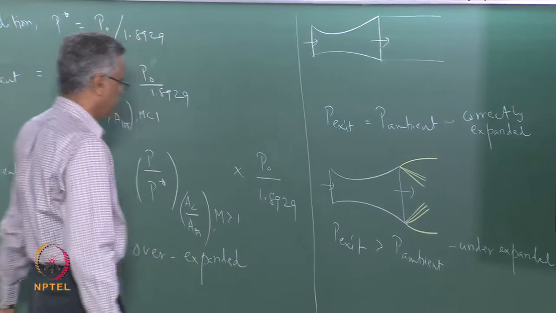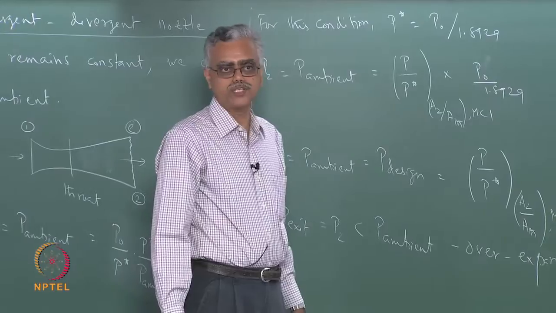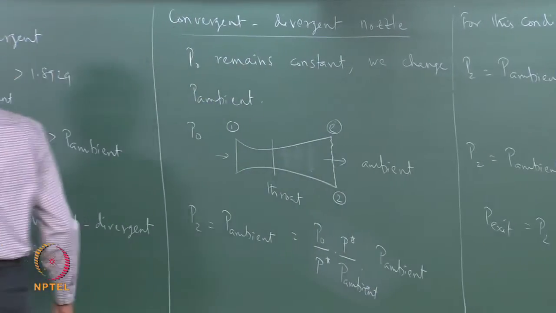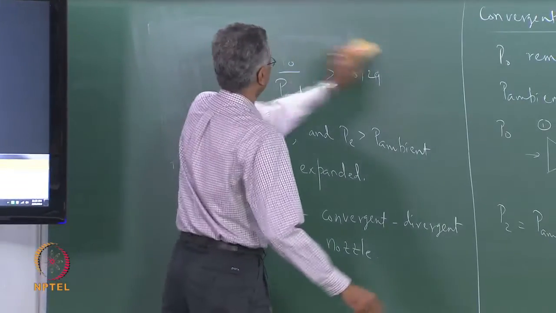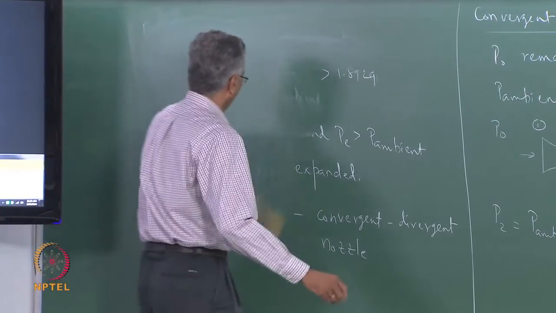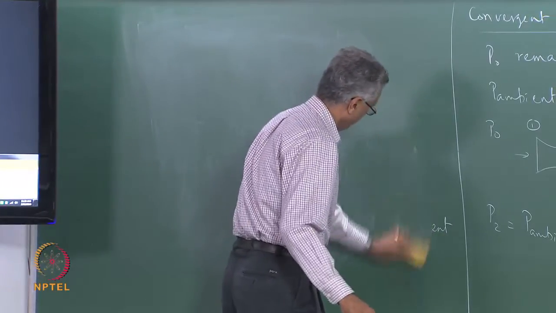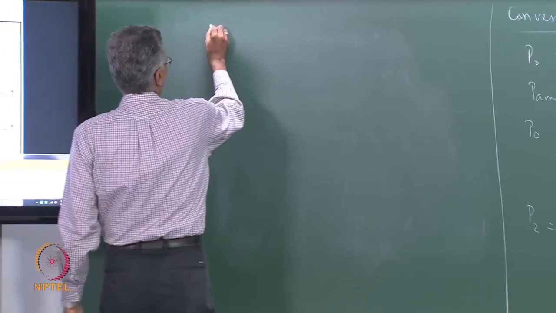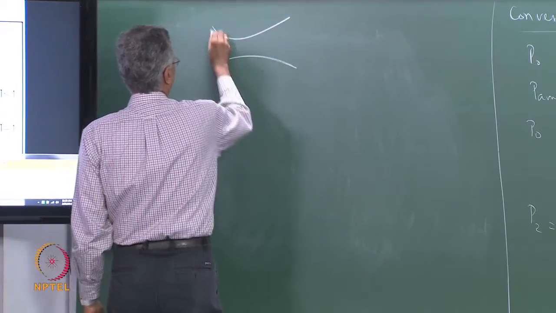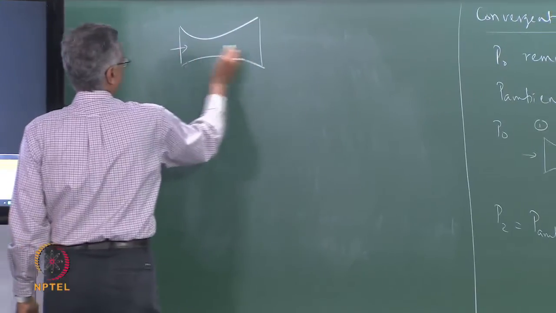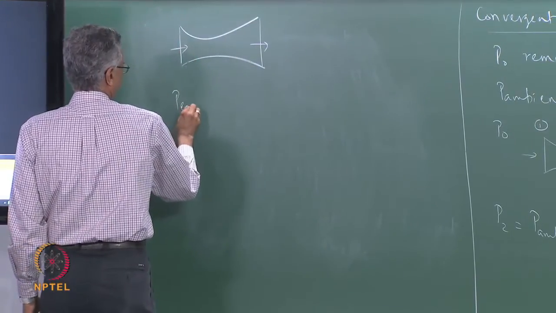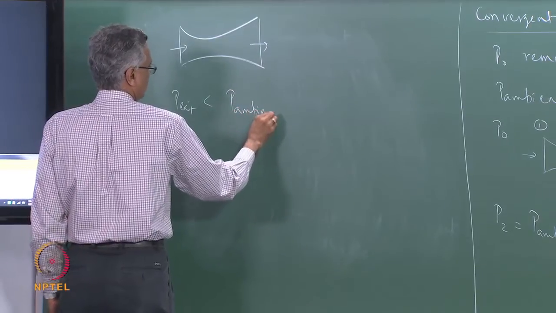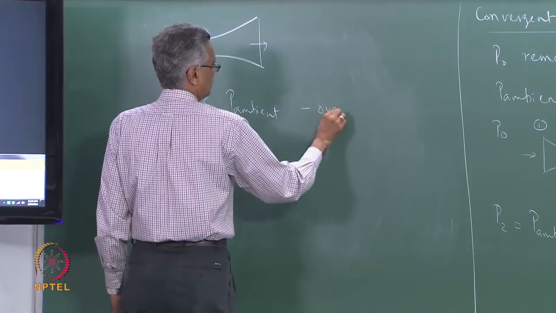Now in the case that we just discussed, the flow is over expanded, which means it needs to be compressed, and let us see what that looks like. So here we have a situation where the exit pressure P exit is less than P ambient, and this is an over expanded situation.